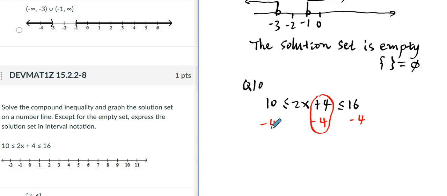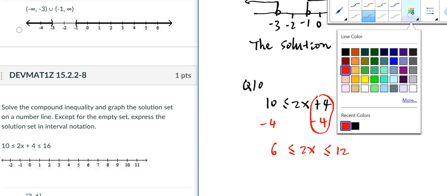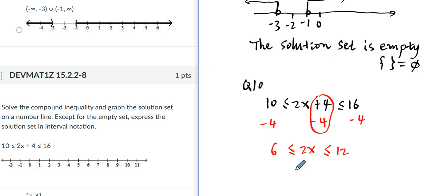And then 10 minus 4 is 6. In the middle, only 2 times x is left. The positive and negative 4 canceled. 16 minus 4 is 12. Okay. Guess what the next step is?